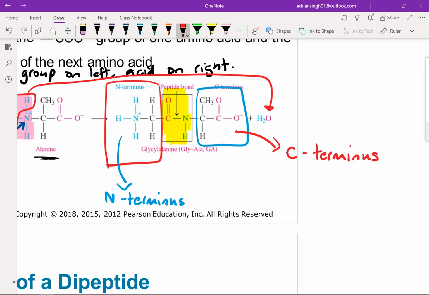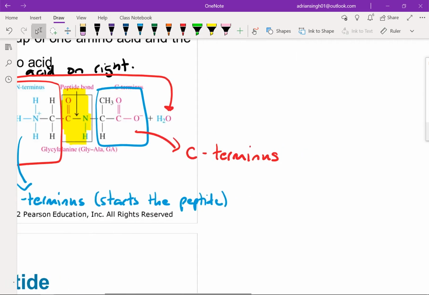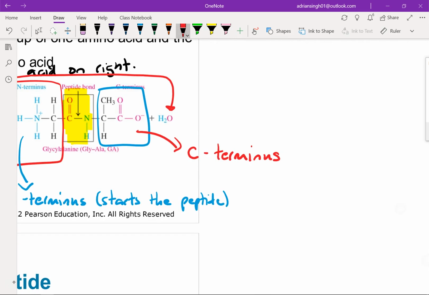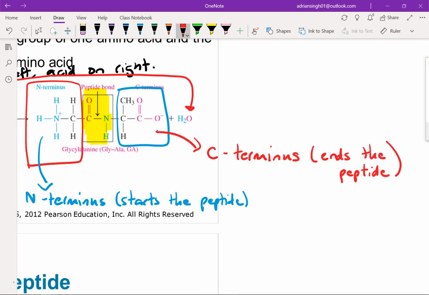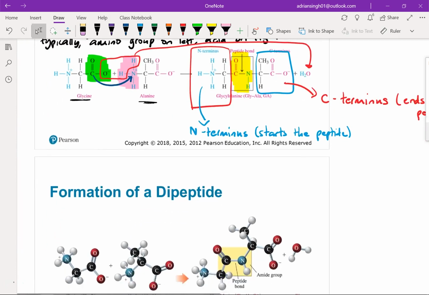Every single peptide is going to have an N terminus where the peptide starts, and then a C terminus where the peptide ends. This may not seem like a big deal, but it actually is a huge deal when it comes to looking at how the amino acids and in which order the amino acids are linked together.